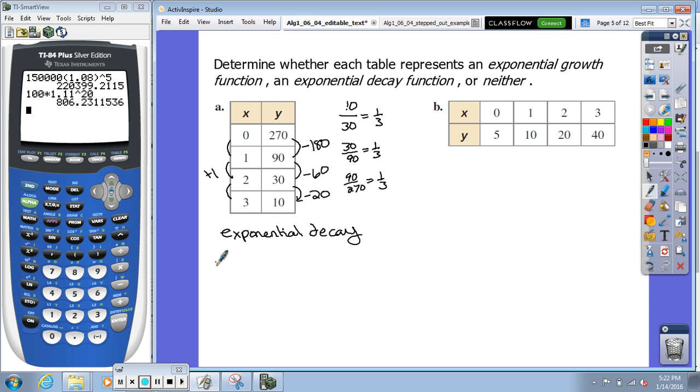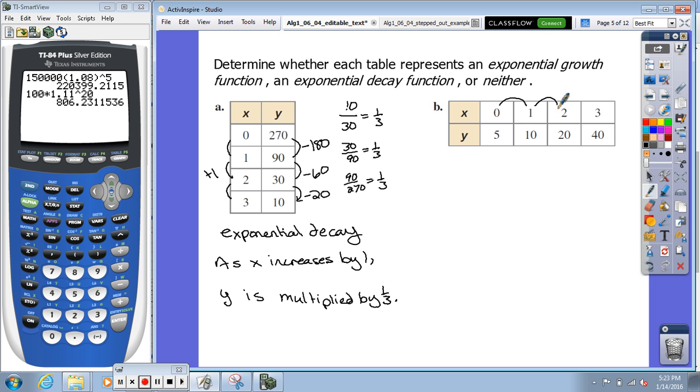So what this means is that as x increases by 1, the y value is multiplied by 1/3. And since it is multiplied by a number that's less than 1, that's another way that I know it is decay. If this number is bigger than 1, it will grow. It will be an exponential growth function.